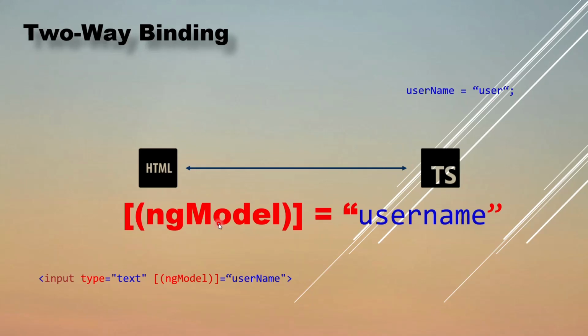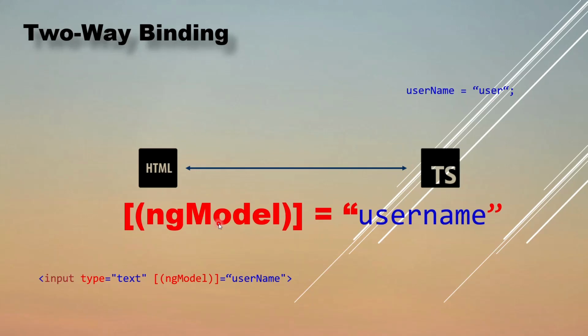If it is there, then it assumes this username belongs to the TS file, takes that value, and the compiler will update that in the UI. Whenever you type something, HTML to TS communication will happen. And whenever you update something in the TypeScript, the TS to HTML update also happens automatically. So this is two-way data binding.